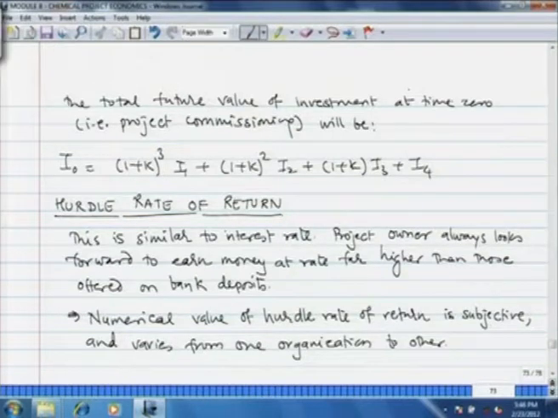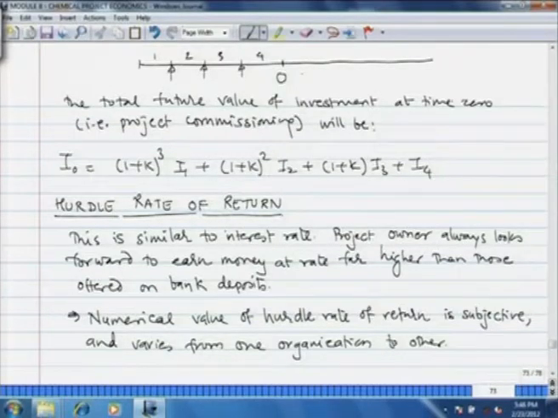So essentially we are considering a timeline where the project commissioning is at 0 and the construction of the plant occurs in 4 years: first year, second year, third year and fourth year. We are going to spend money at the end of the first year, the end of the second year, the end of the third year, and the end of the fourth year, and then the profit is along the positive time axis.